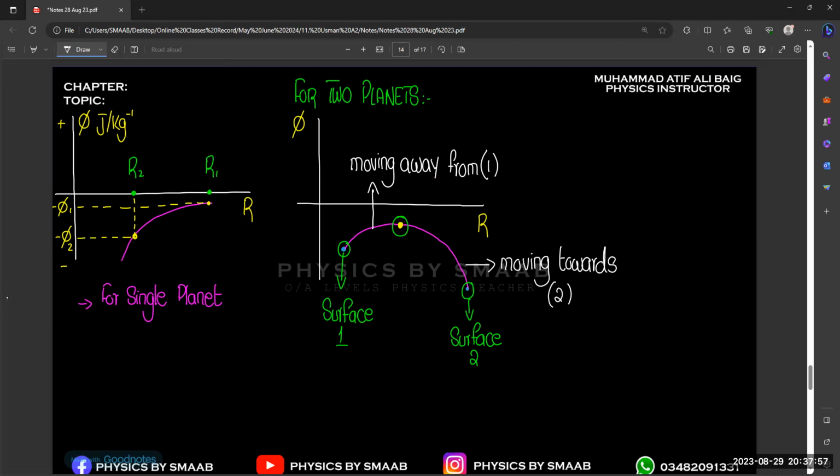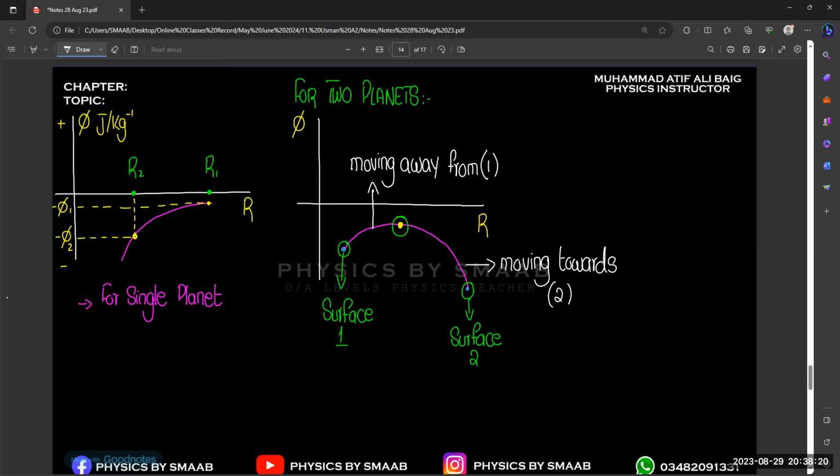And how does this graph look if you consider the graph for one planet? For one planet, your potential will be greater at phi 2, that is at point r2, right? So when you are moving away from the first planet, your gravitational potential is going to increase with reference to surface number 1.